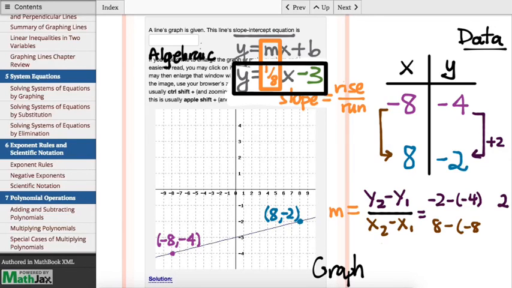Again, double check me that that's +16. And then my slope is the ratio of rise to run. That's 2/16, but 2/16 is another name for 1/8. So we still got the same slope, even though we used 2 different points this time than we did last time. But now the difference is, if we don't know the y-intercept, we're not done yet.